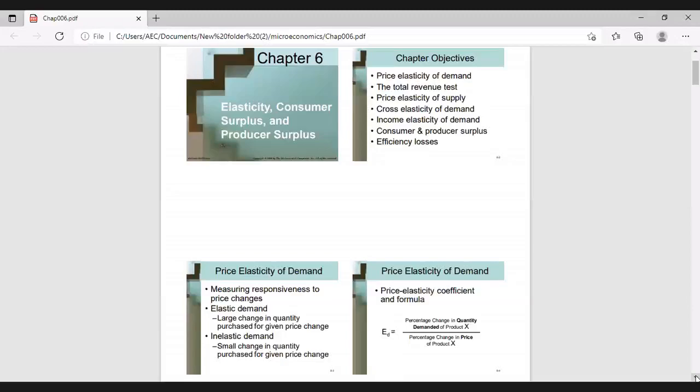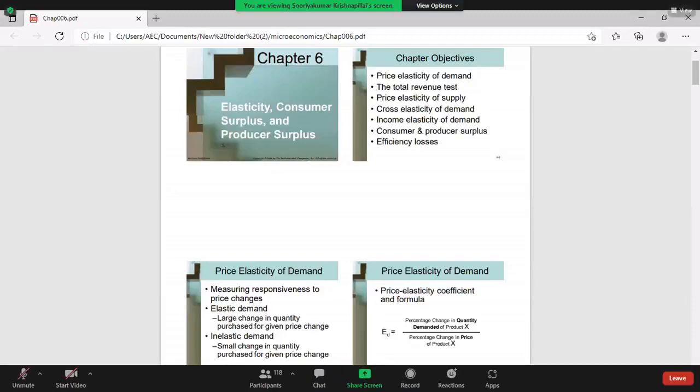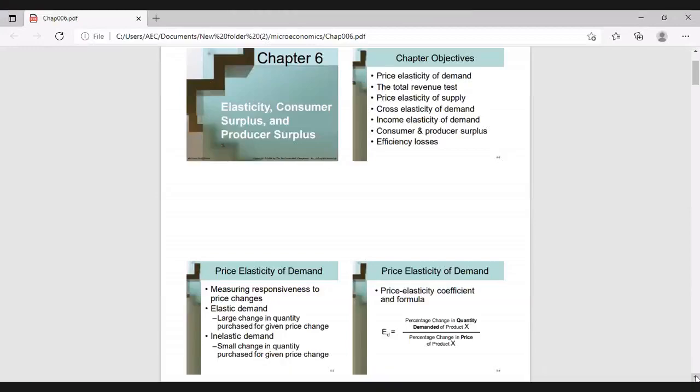So if you measure price and quantity in any units, the coefficient, or this formula, gives the same value. Then you don't need to worry about which unit you measure. So one advantage of using percentage is that it is unit free.